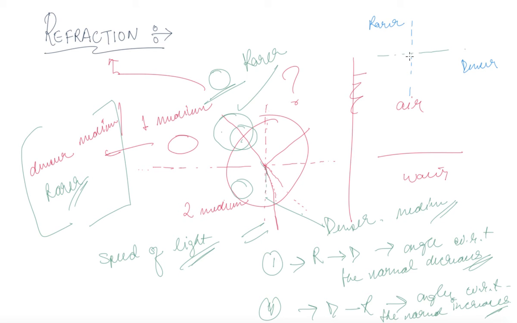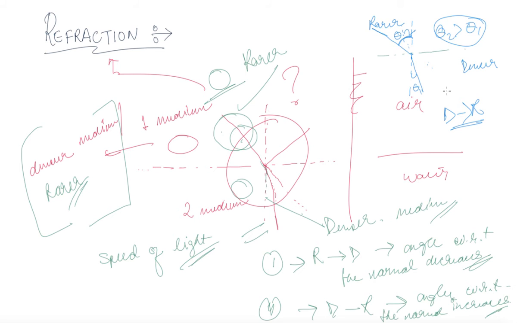So if a light, say suppose, is passing through over here, this is my light, it should have been coming out like this, but since there is a difference in the velocity of light in the two mediums, we see that there is a slight deviation of the ray. This is angle theta 2 and this is angle theta 1. So theta 2 is always greater than theta 1 for light traveling from denser to rarer medium.